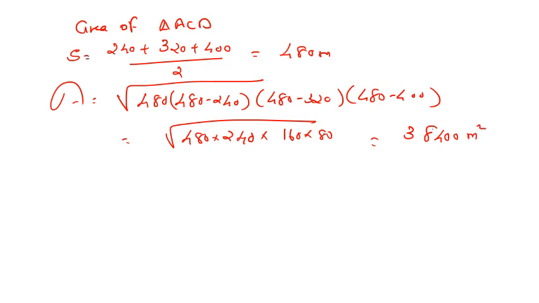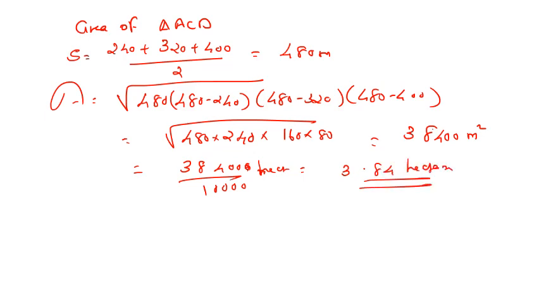So, answer is 38400 meters square. Now we have to convert into hectare. 38400 by 10,000 hectare. So what is answer? 3.84 hectare. But you know that area of triangle ACD is divided into two parts.